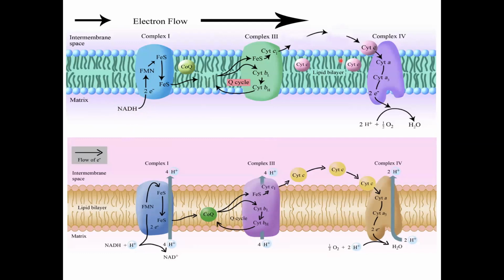The electrons from both of these, NADH as well as FADH2, can enter the electron transport system and move through this system, through these proteins and membranes. I'll come back to that also.